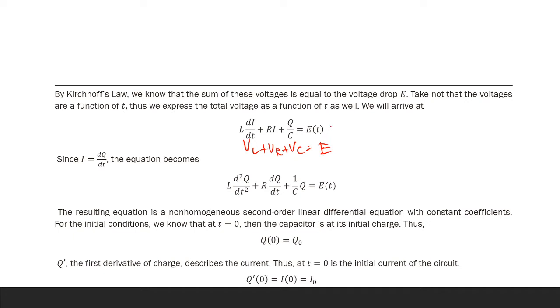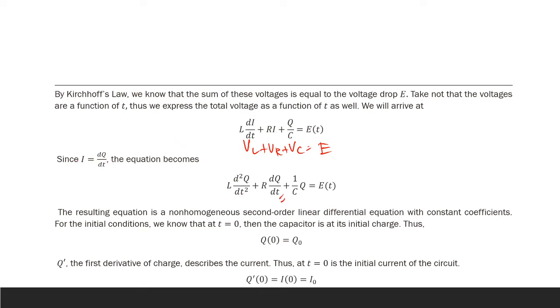So, in this case, class, ang E natin or ang voltage natin is a function of time. So, pwedeng sinusoidal siya or nagbabago-bago yung value niya with respect to time. Now, since ang I natin is dq over dt, so substitute natin sa equation, ang I natin, palitan natin ng dq over dt. Now, alam natin that I is dq over dt.